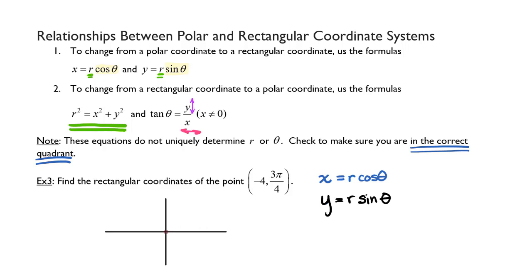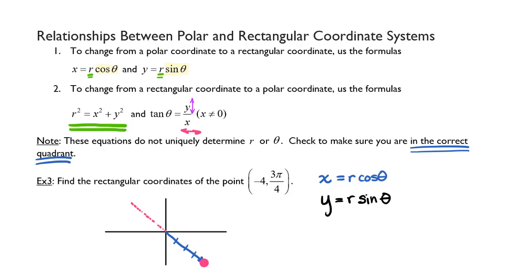If we start at the origin looking along the polar axis and we rotate 3 pi over 4, we're looking at a location angle-wise in the second quadrant. We don't go forward toward that angle, or 4, we actually back up. So we're going backwards 4 units, 1, 2, 3, 4 units. And so our point is actually in the fourth quadrant.